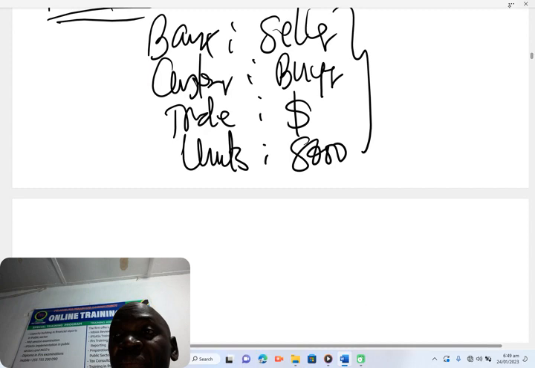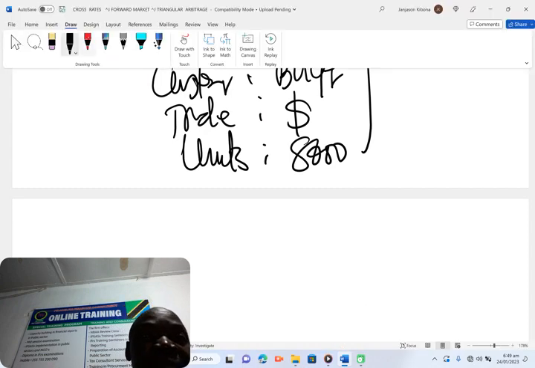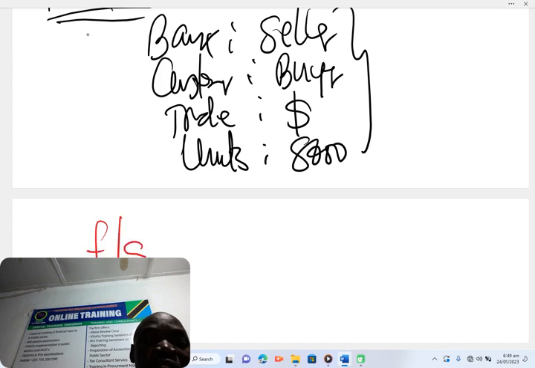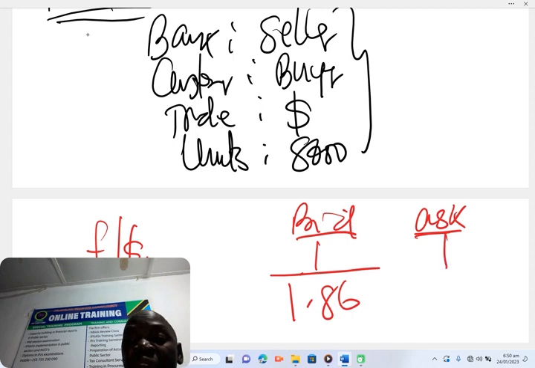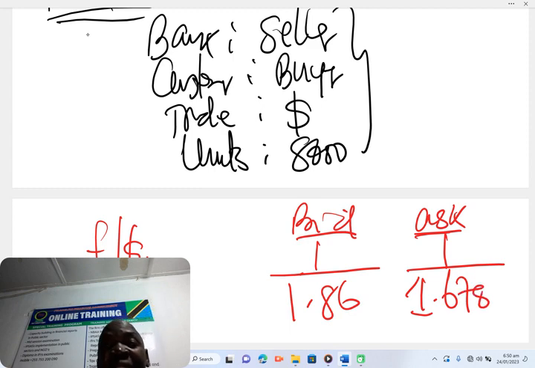So, you write somewhere that pound stroke dollar, the bid price and ask price. So this is 1 over 1.86 and this 1 over 1.678.